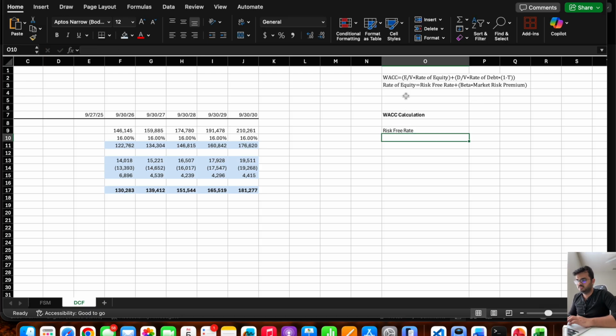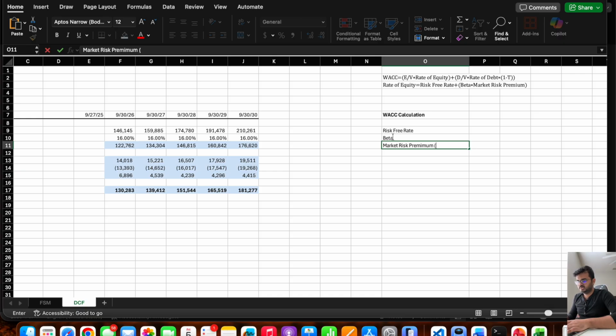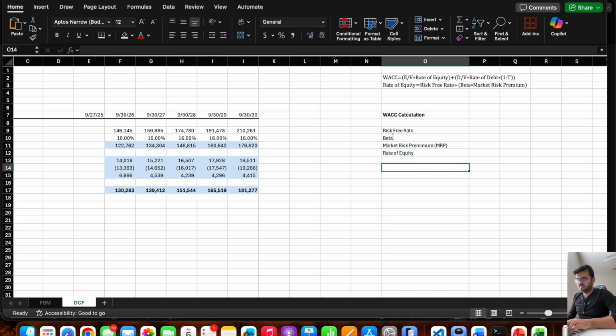What I'm trying to do is get the rate of equity: risk-free rate, beta, market risk premium, sometimes called MRP. Then I will get the rate of equity. Then the next one I would need is rate of debt.